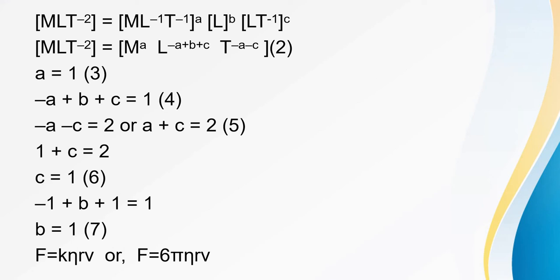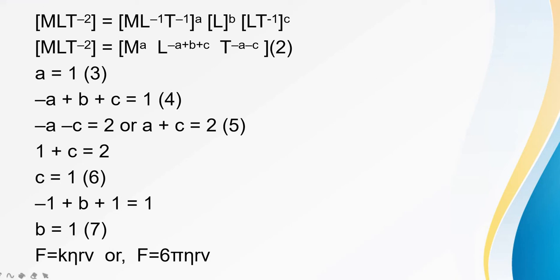Similarly, by equating the power of L, we can write minus a plus b plus c is equal to 1, that we write as equation 4. And by equating the power of T, we can write minus a minus c equal to minus 2, here it is minus 2, not plus 2.